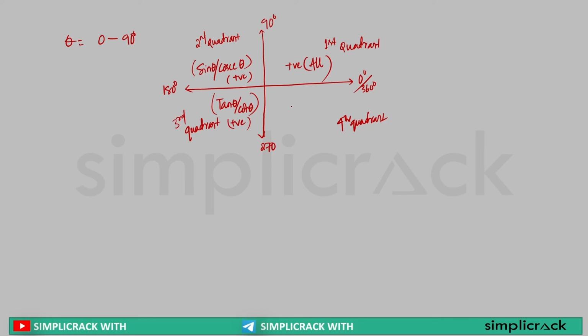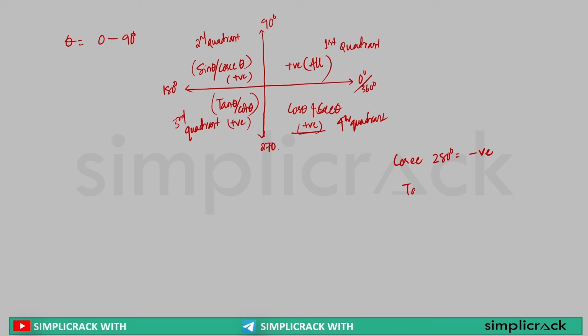And in the fourth quadrant, only cos theta and sec theta are positive, others are negative. So if someone asks the value of cosec 280 degrees, it is negative, because in the quadrant between 270 and 360, only cos theta and sec theta will be positive.